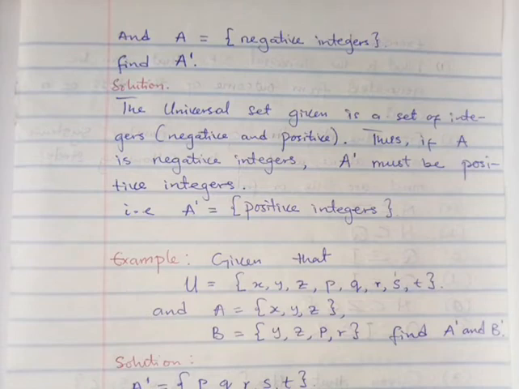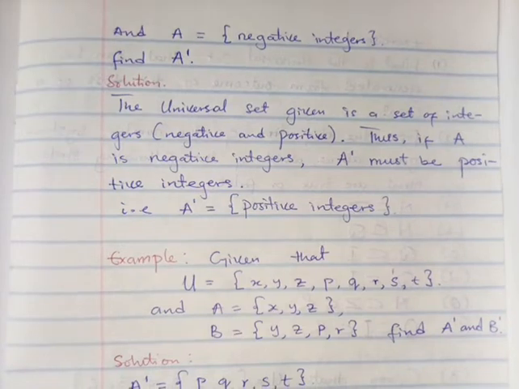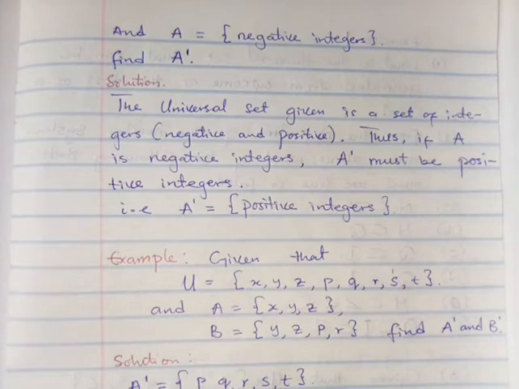You know, A prime is what is in the universal set that is not in A. So if negative and positive integers is our universal set and we are told that A is just negative integers, it means A complement must be positive integers. Okay, we'll consider another example.